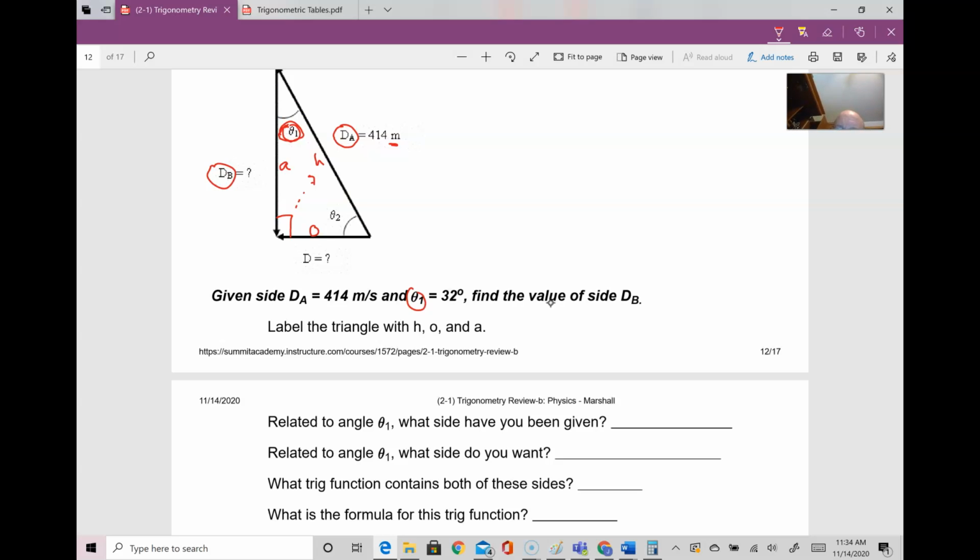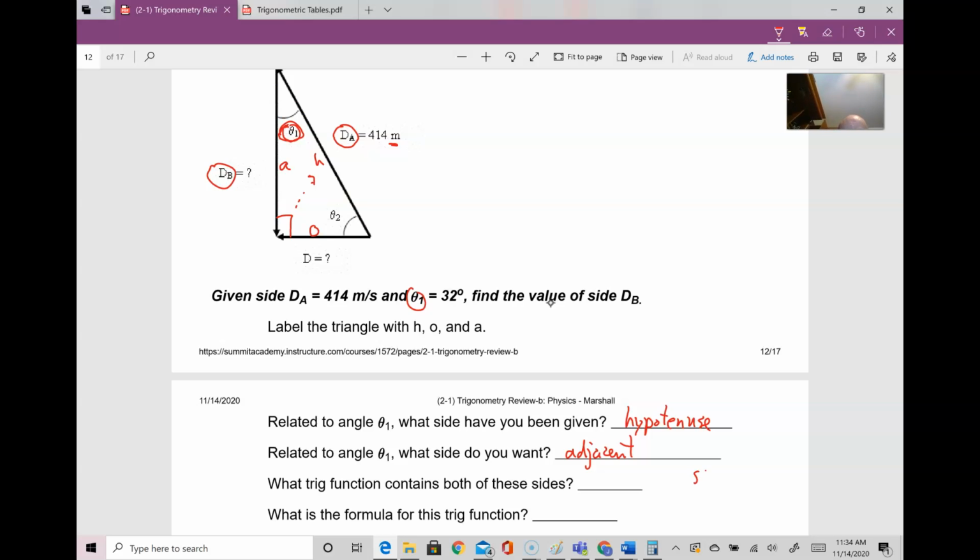So dA equals 414 meters. I have been given the hypotenuse. What side do I want? I want the adjacent side. And again, you don't write these questions down. These are just questions you ask in your brain. What trig function contains both of these sides?